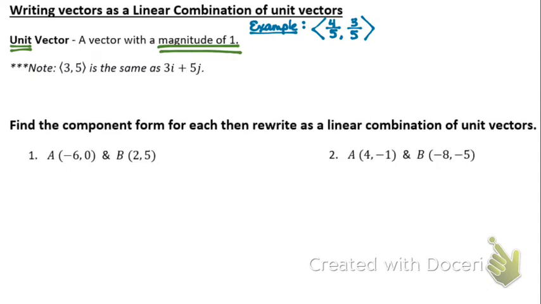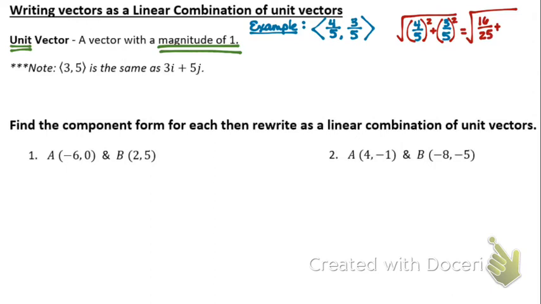I'll prove it to you. How do you find the magnitude again? Yep, we would do the square root of x squared plus y squared. Well, x is 4/5. y is 3/5. What is 4/5 squared? 16 over 25.